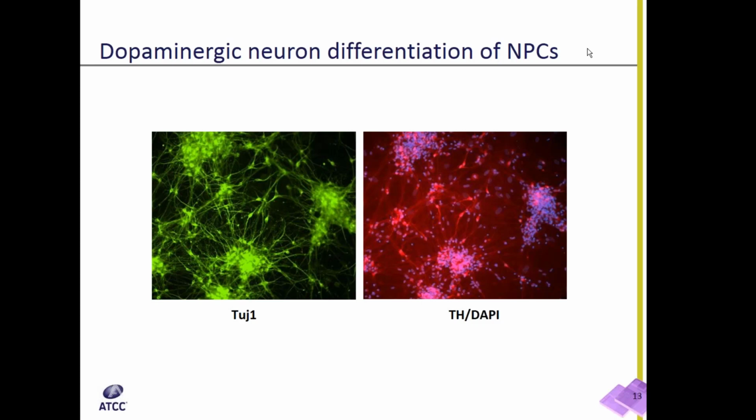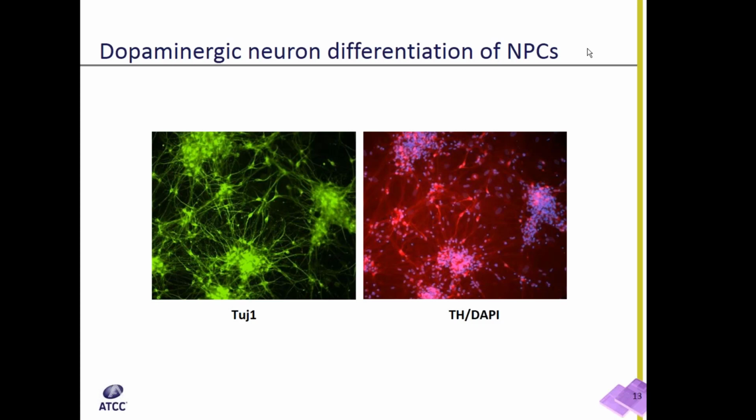We then incubated the neuroprogenitor cells with dopaminergic differentiation media for up to 3 weeks. This, by the way, is the treatment parameters for the other dopaminergic differentiation studies that I'll show you for this particular cell line today.